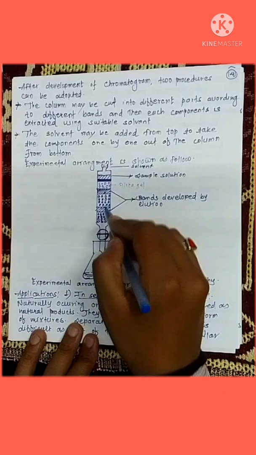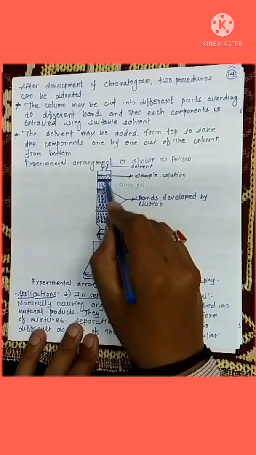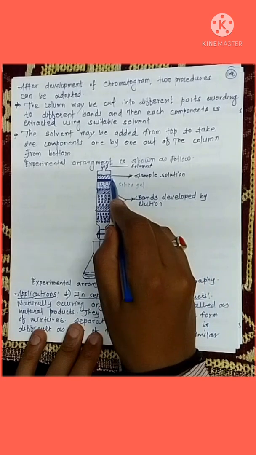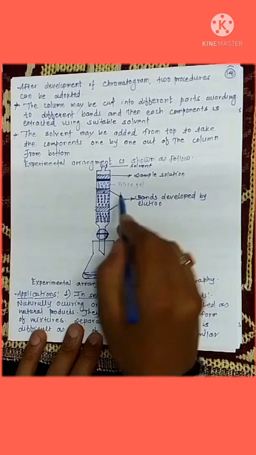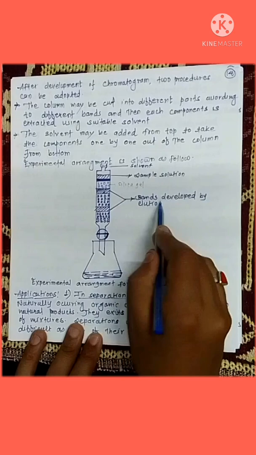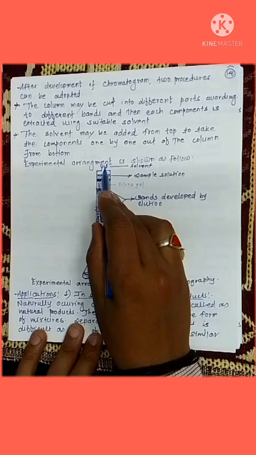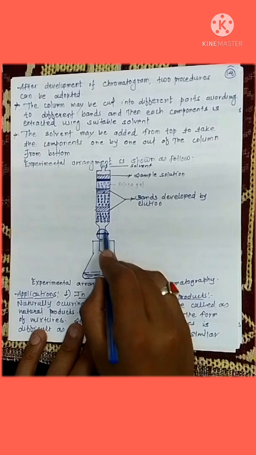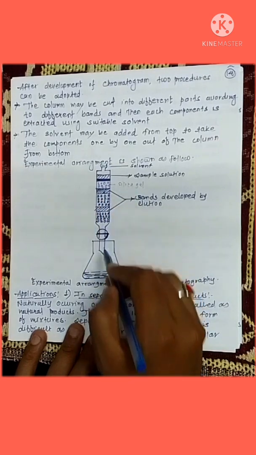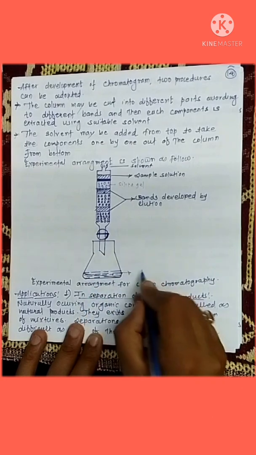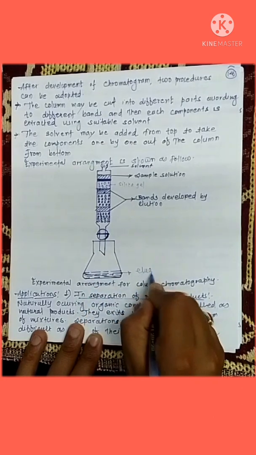As the solution passes through the column, different components get adsorbed at different locations and form bands. The solvent added from the top is known as eluent, while the solution coming out of the column is known as eluate.